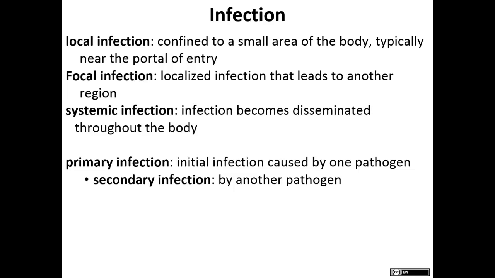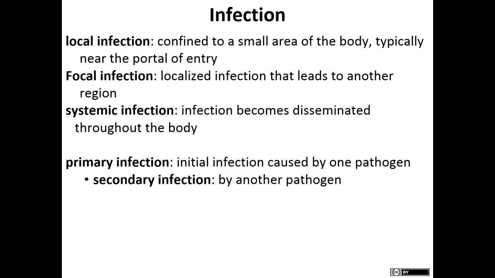So it's localized, but maybe something happened to the boil, and a pathogen or toxin leaks into our system and moves to another region of the body. That's a focal infection. And then a systemic infection is an infection that occurs throughout the entire body.